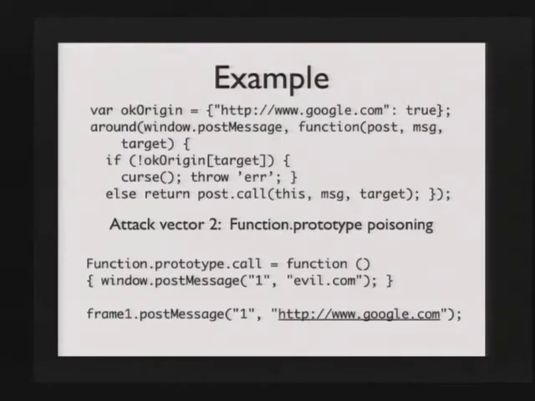And because you entered google.com, this will be detected as OK. But when the last call in the last line of the policy is done, this will call the function from the function prototype. And so it will not call the original function, but it will call window.postMessage for evil.com instead.